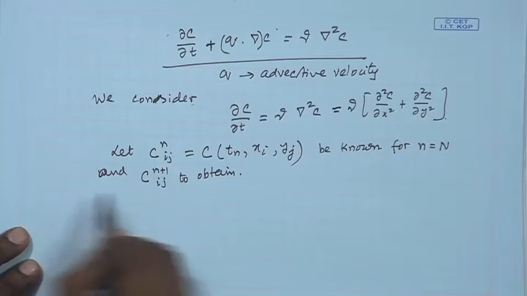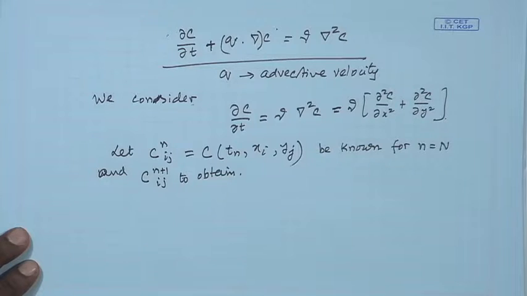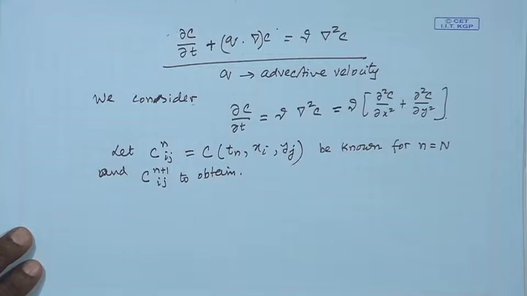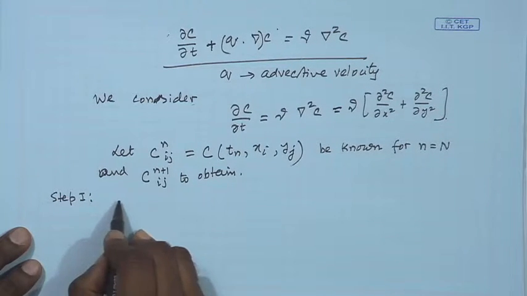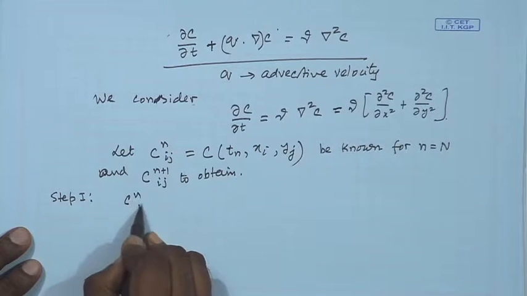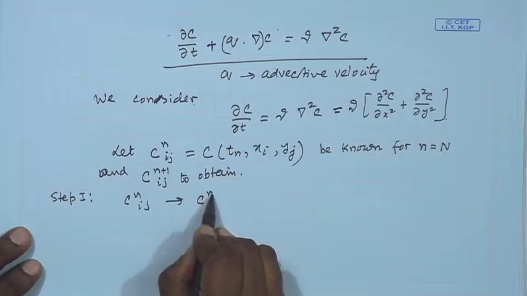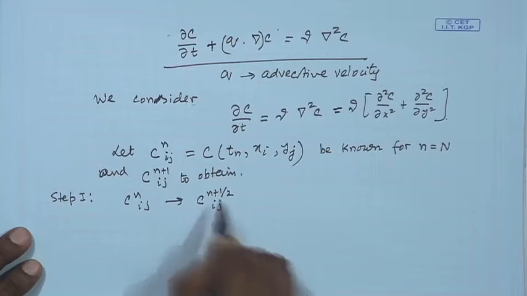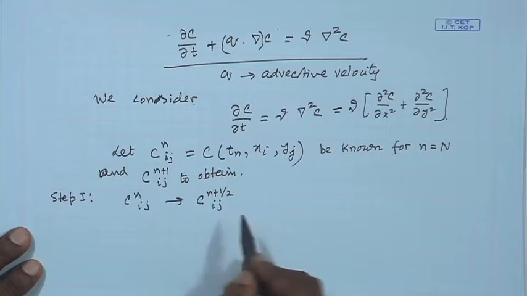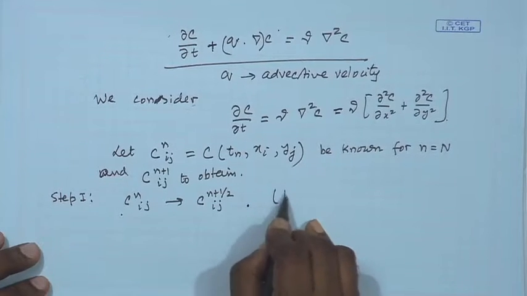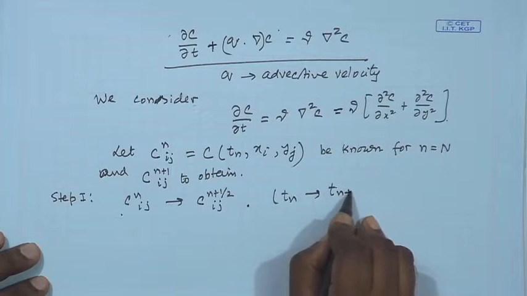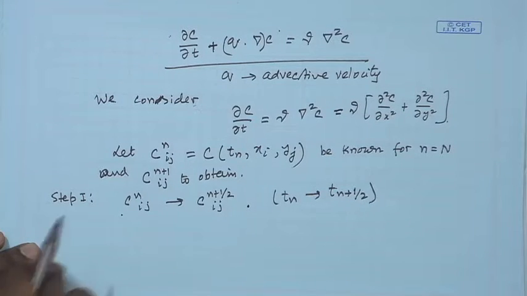So, here instead of going from c n to c n plus 1 as we do in the Crank-Nicolson scheme, we go in 2 steps. In step 1, we obtain, from c n i j, a fictitious time step c n plus half i j. That means we are moving forward from t n to t n plus half instead of jumping straight from n to n plus 1.